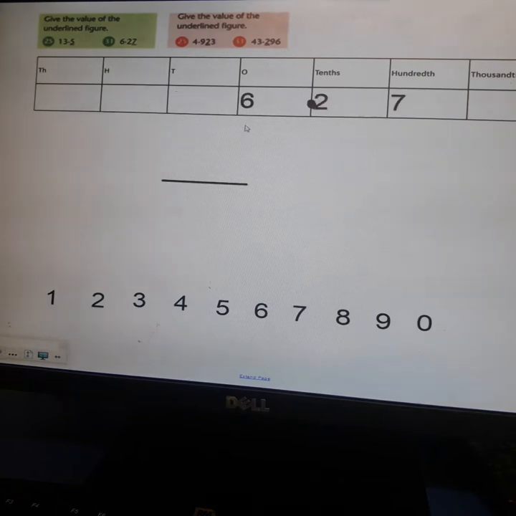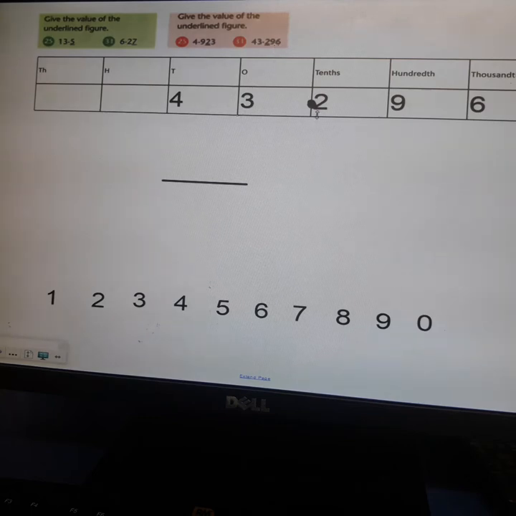So another one here, 6.27 with the 7 underlined. It's simply asking you what's the 7 worth? Well, 7 on the numerator, but this one's into hundredths. Okay, I think this is fairly straightforward. So the next little bit, I think I've skipped one here, so I've gone straight on to B, question 31.